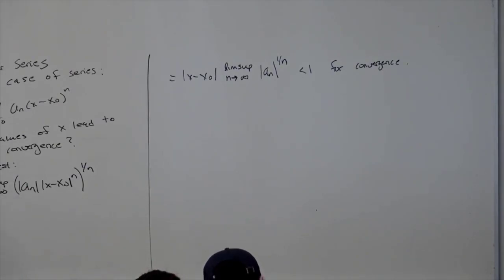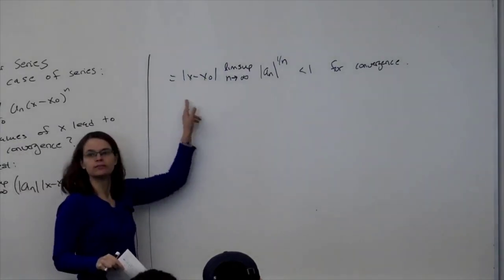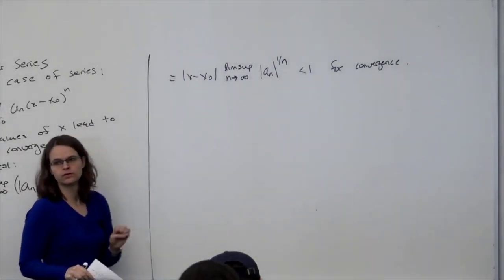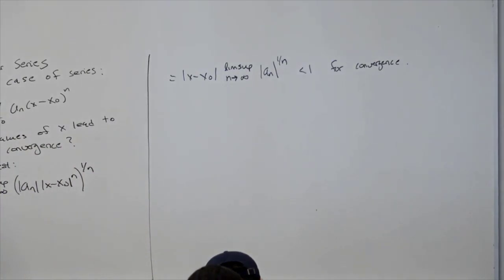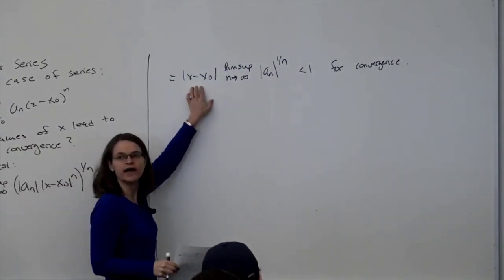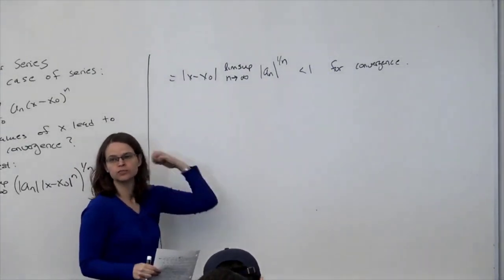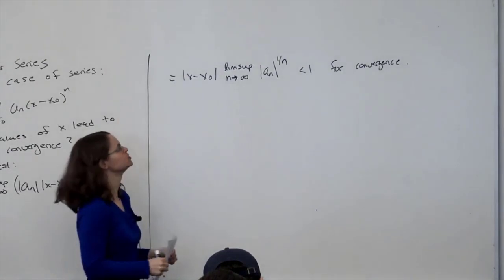So this motivates the definition of a radius of convergence. In other words, how big is this term, x minus x naught, allowed to be in order for us to still have a hope for convergence? So we'll define x minus x naught to be the number that makes this exactly equal to 1, and then we'll know that we need to be less than the radius of convergence to get convergence.